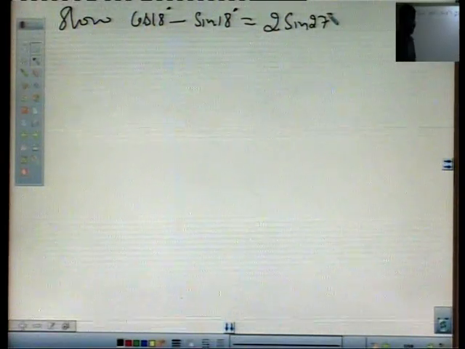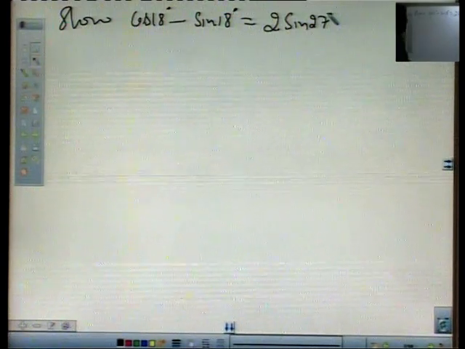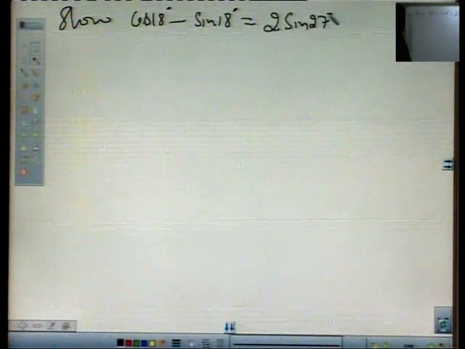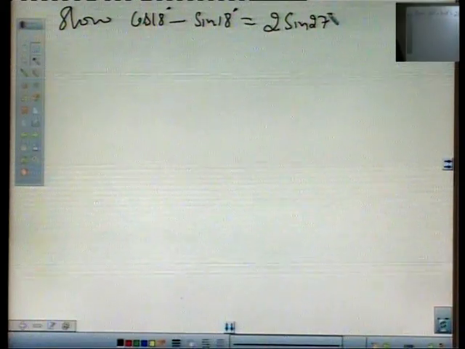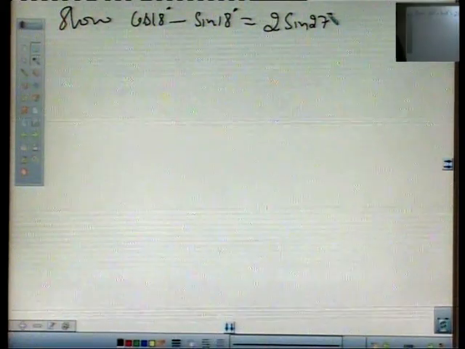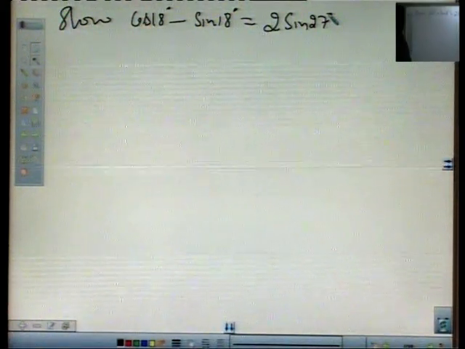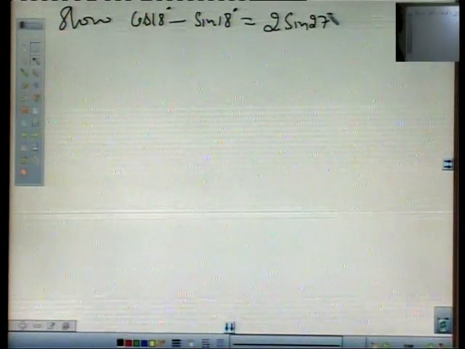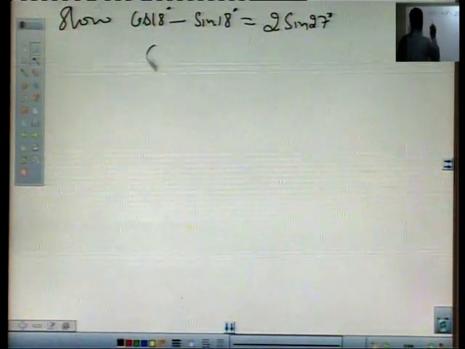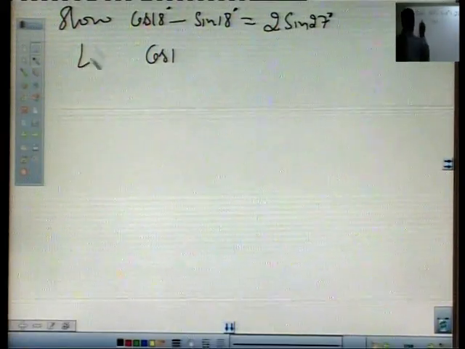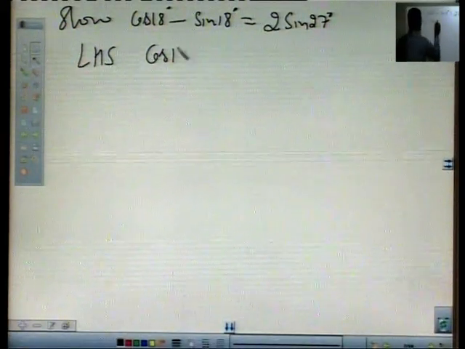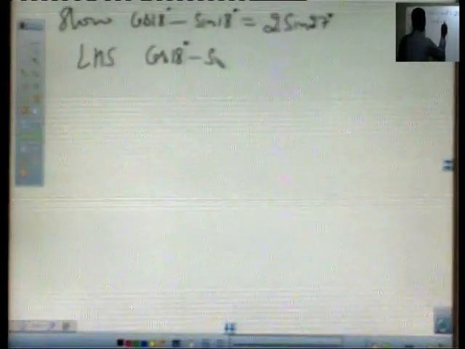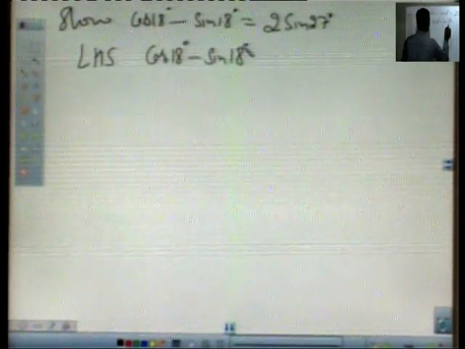So here is an example: cos of 18 degree minus sine of 18 degree is equal to root 2 times sine of 27 degree. Let's take the left hand side, cos of 18 degree minus sine of 18 degree.